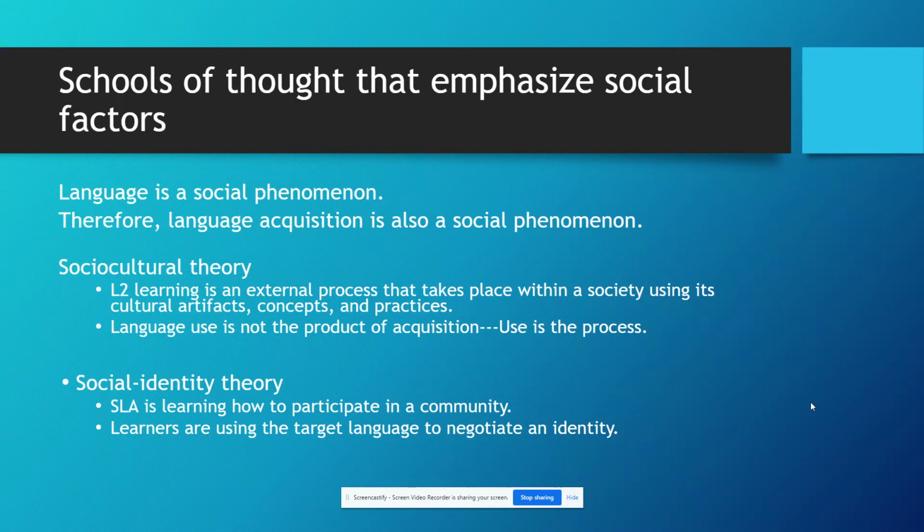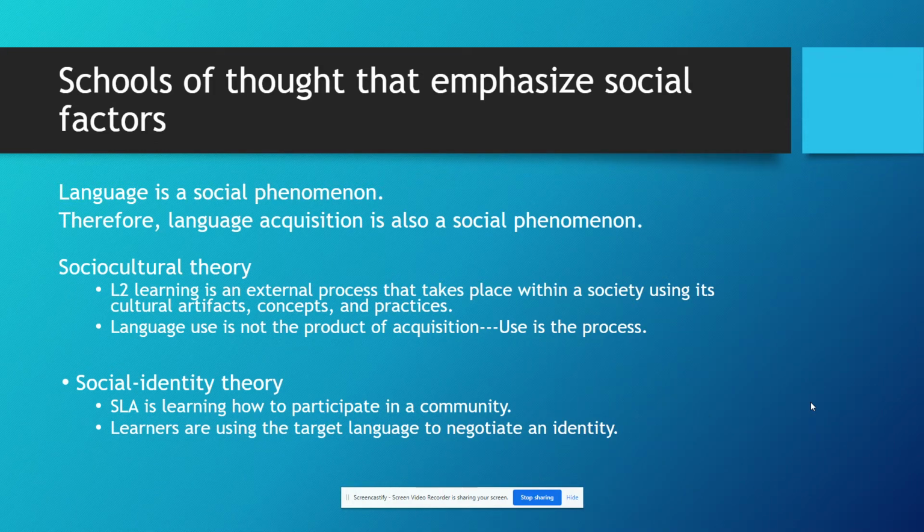These schools of thought argue that if language itself is a social phenomenon, then language acquisition must also be a social phenomenon. One of these approaches, sociocultural theory, asserts that language learning is an external process that takes place within a society using its cultural artifacts, concepts, and practices.